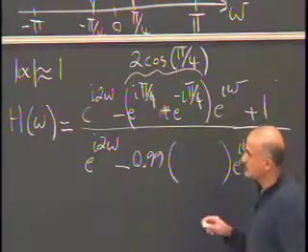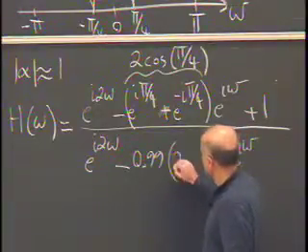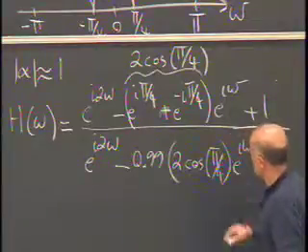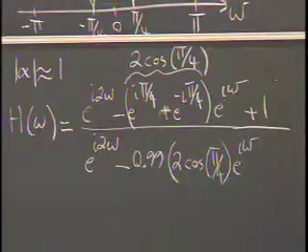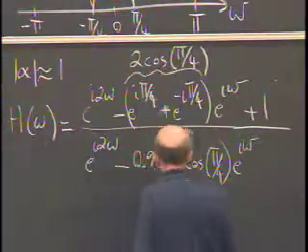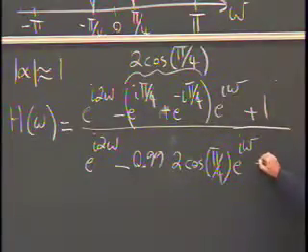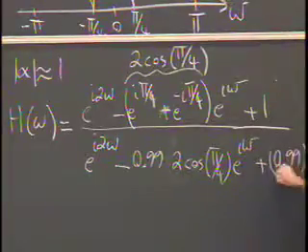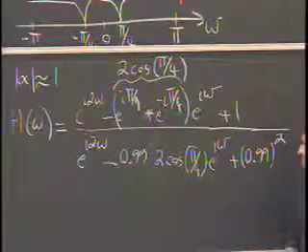And the middle will turn out to be the same as above, so it will turn out to be 2 cosine pi over 4. Let's remove that extraneous parenthesis. And then at the very end, it's plus the square of 0.99. Okay? Now what?